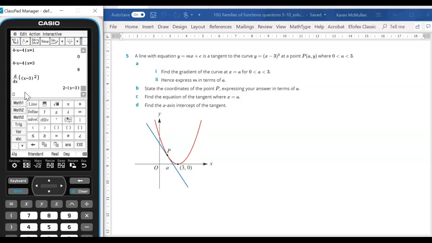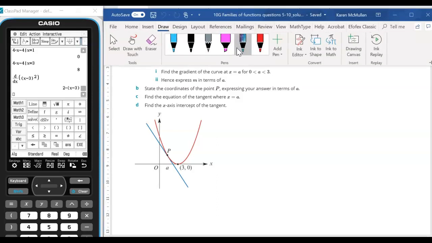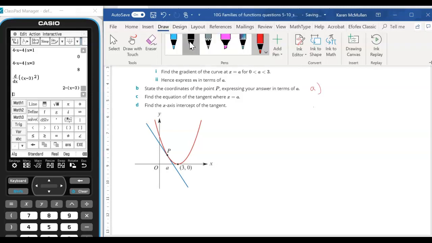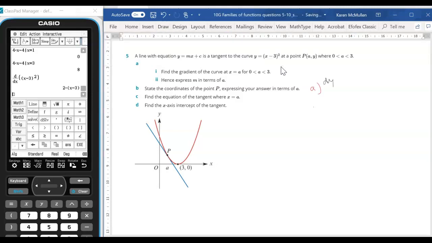All right, so dy/dx is equal to 2(x minus 3). Not a hard one to do by hand, but we'll do it on the calculator.